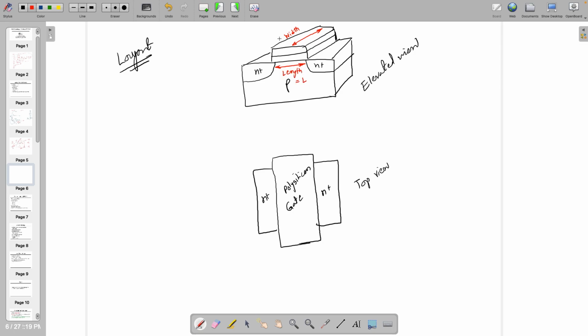The actual one we call L, and this one we call W. Here also, if you want, we can call this one L, and just the overlap area, this is the width.